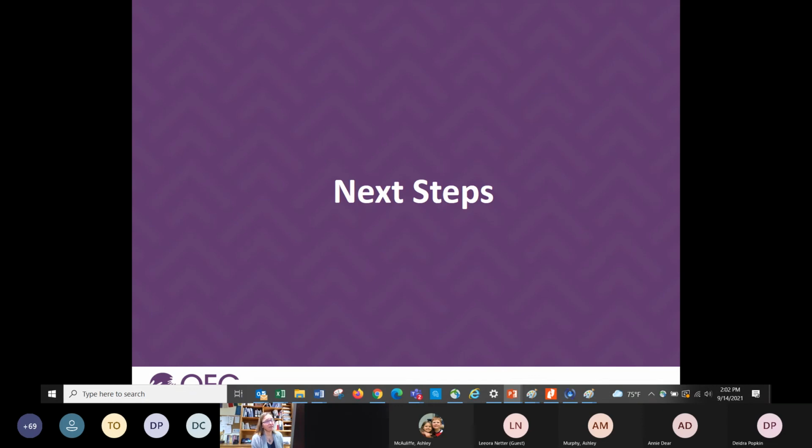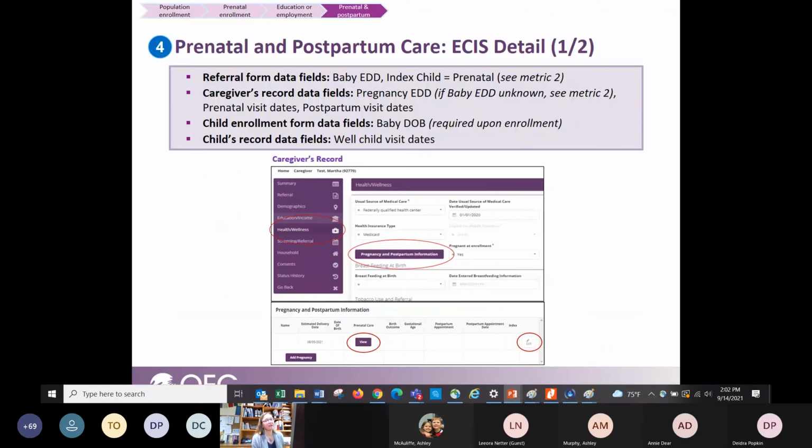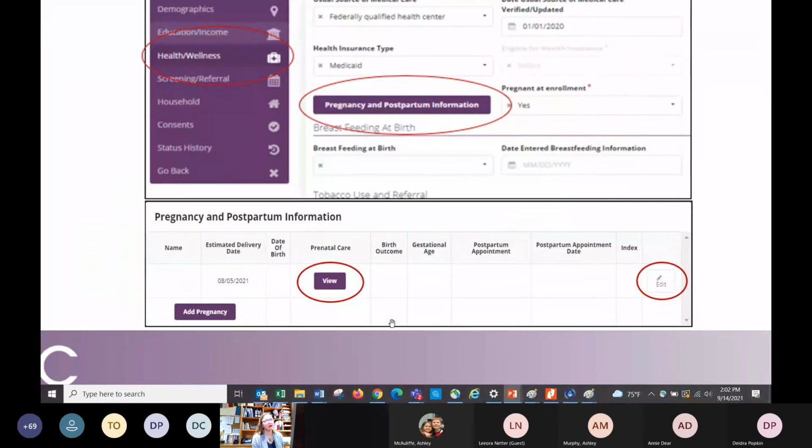How is prenatal loss handled? It's handled in the data entry, in the pregnancy and postpartum information table, where it says birth outcome. I don't know if you can see it on the slide. It's the lower table. Yeah, thank you. In ECIS, that's a drop down.